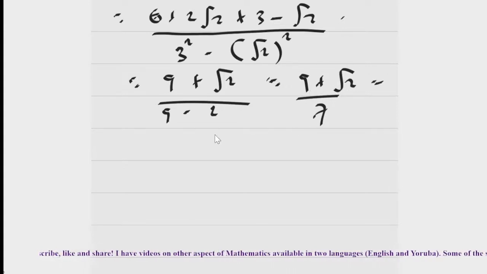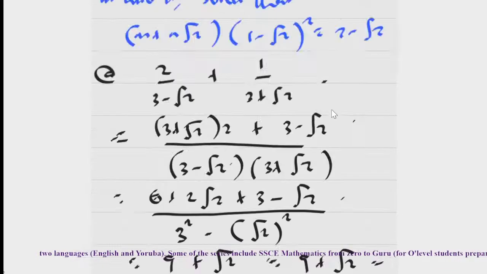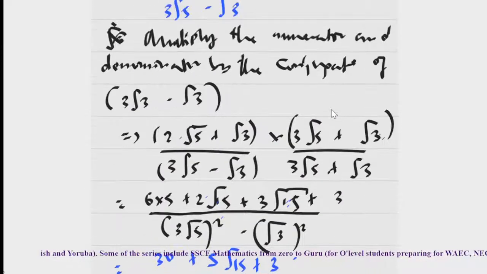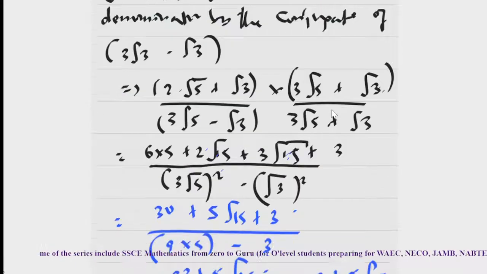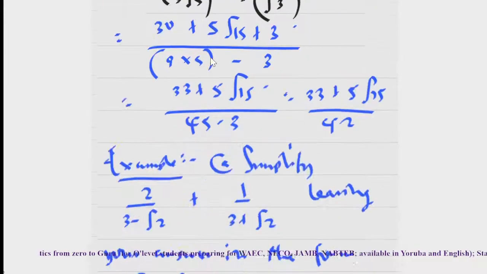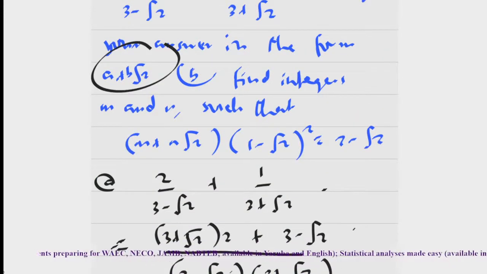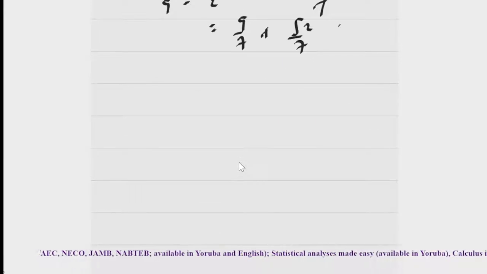If you like, you can separate them one by one. That's going to give you 9 over 7 plus root 2 over 7. Why? Because we were asked to leave our answer in the form what? A plus b root 2. So then some question can say, at the end of the day, what is the value of your a?